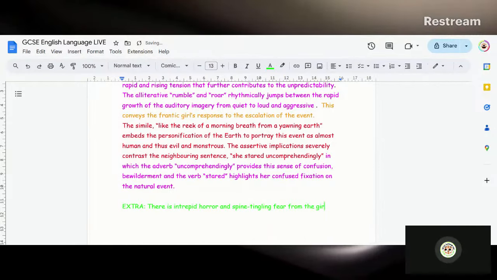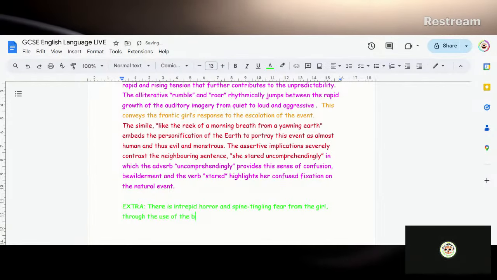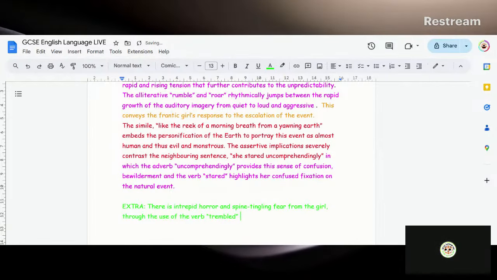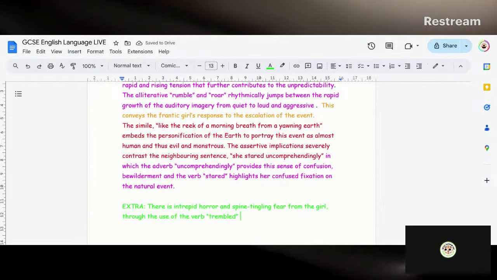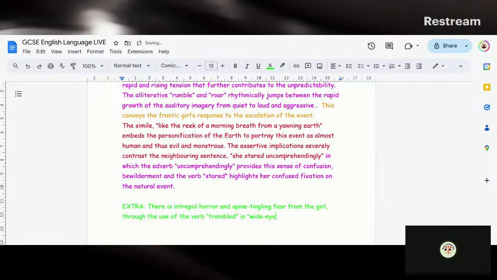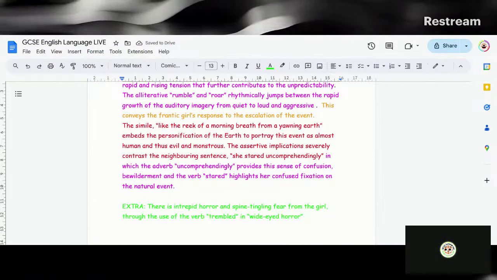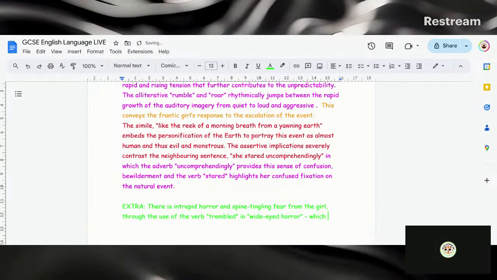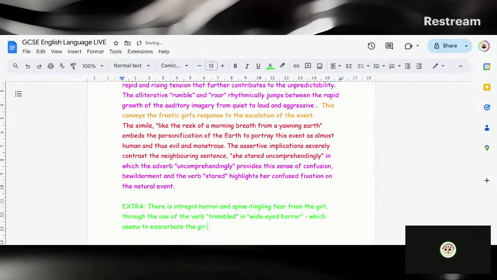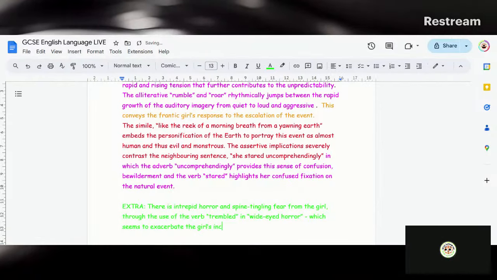fear from the girl through the use of the verb trembled in wide-eyed horror. Which seems to exacerbate the girl's innocence.